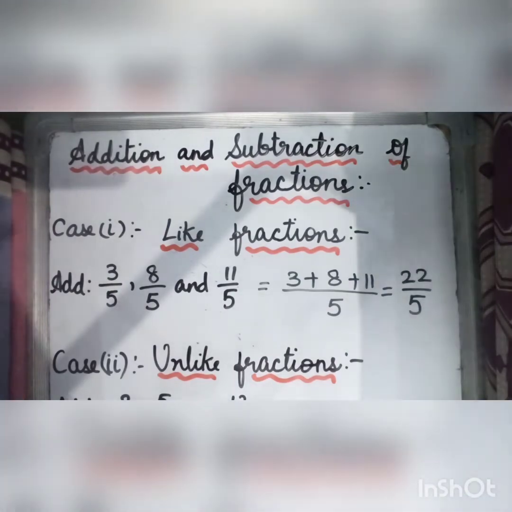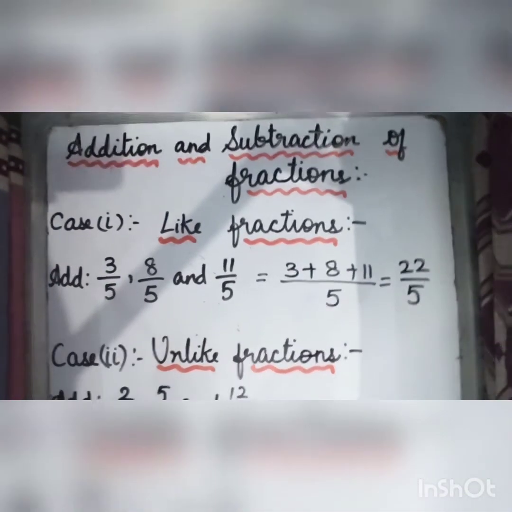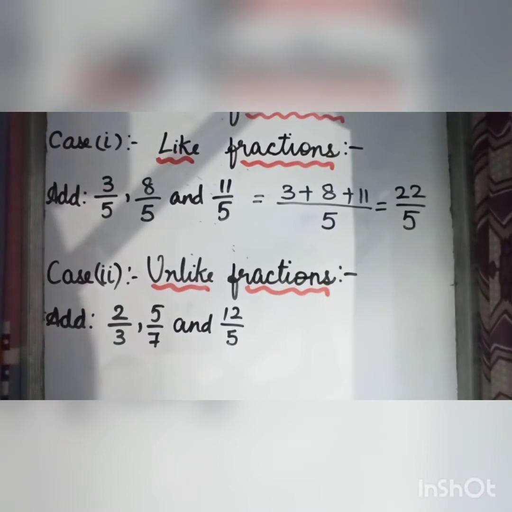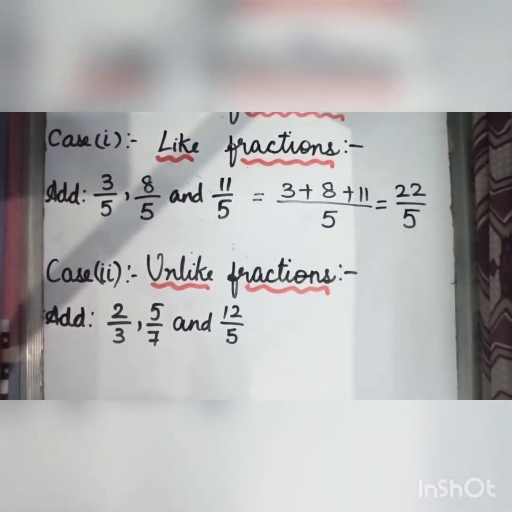Now when we come to unlike fractions, that is when the denominators are not same. Here you can see that the denominators are not same. Like we have seen for ascending and descending order of fractions, we have to take the LCM of the denominators first.